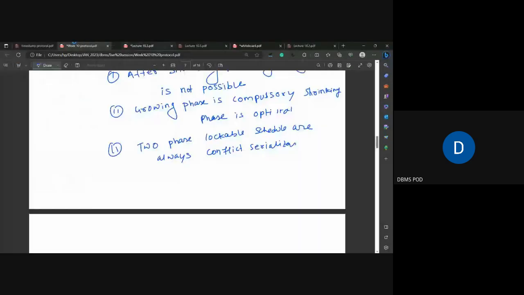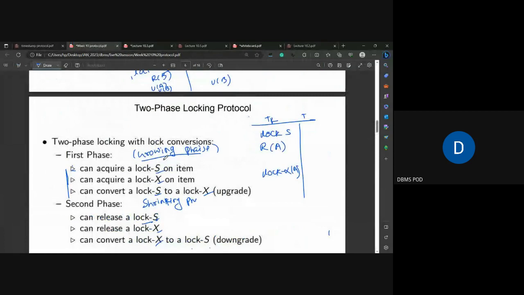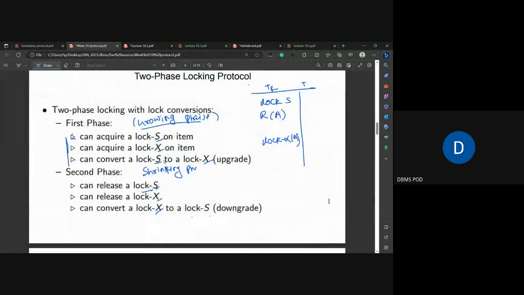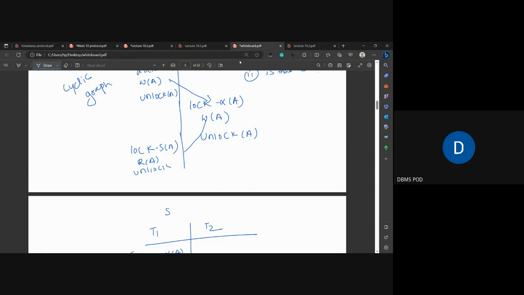In the growing phase, the first phase, it can acquire an exclusive lock, it can acquire a shared lock, or it can upgrade a shared lock to an exclusive lock. And in the shrinking phase, it can release the shared lock, release the exclusive lock, or it can downgrade.